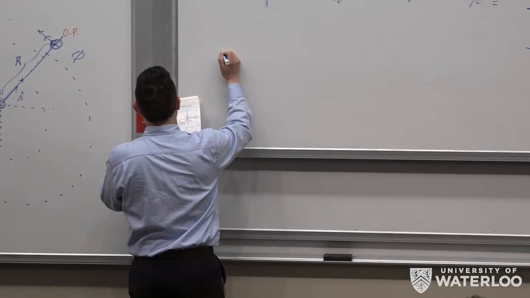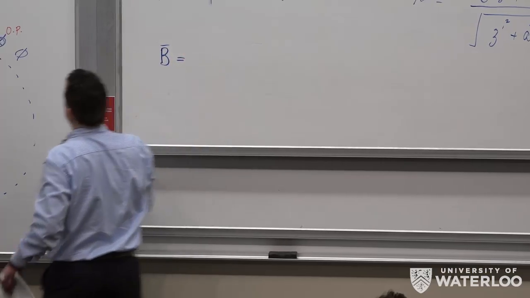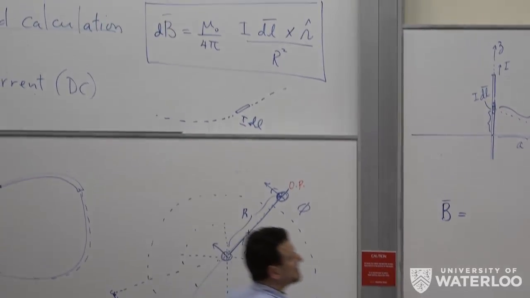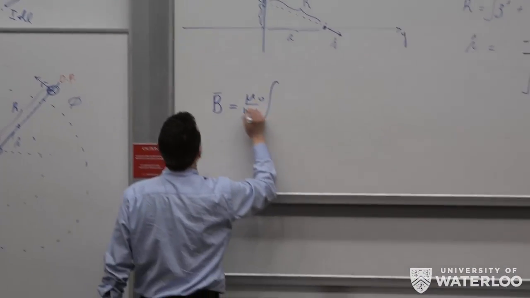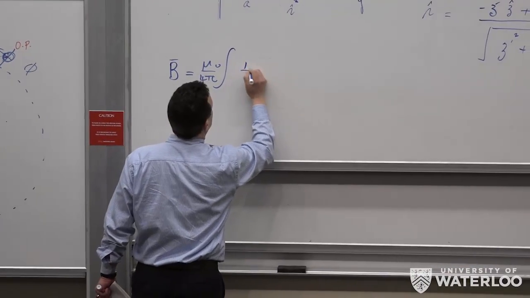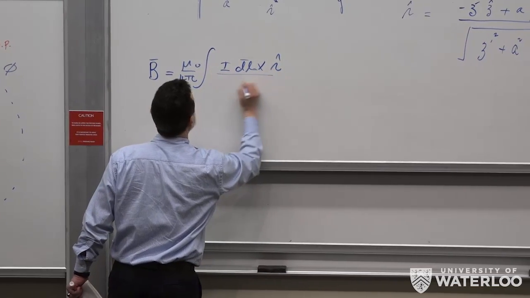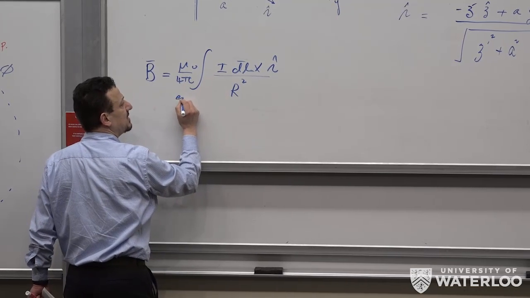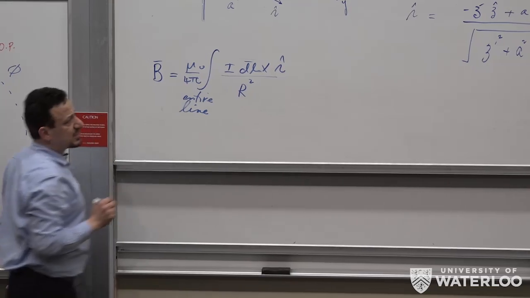Now I can write B. B is the integration of all of that. B is mu naught divided by 4 pi, the integration of I dl cross R divided by R squared over the entire current line.